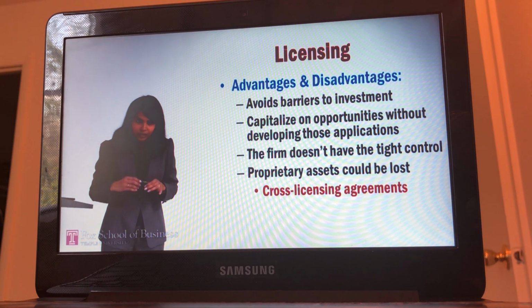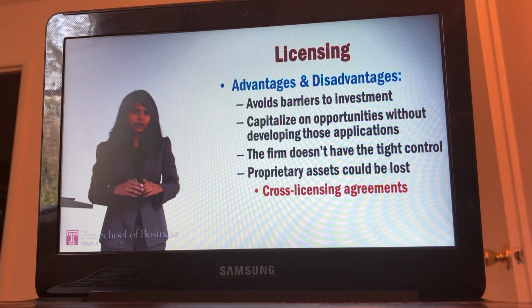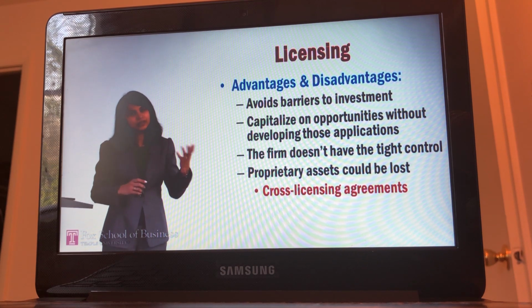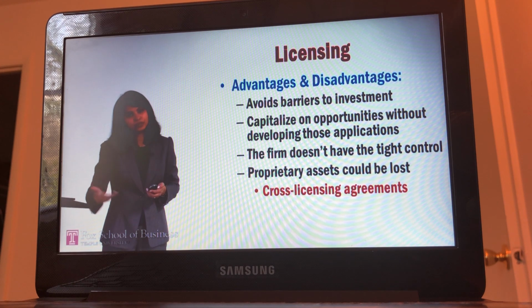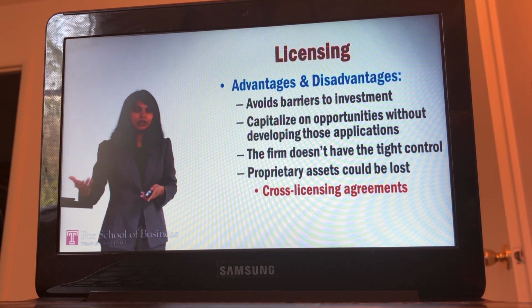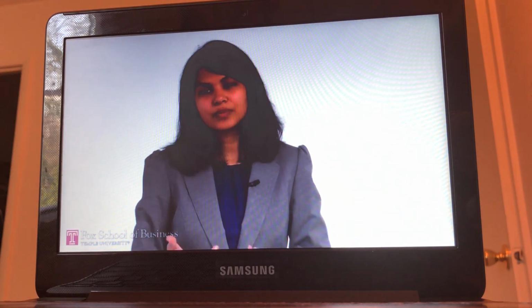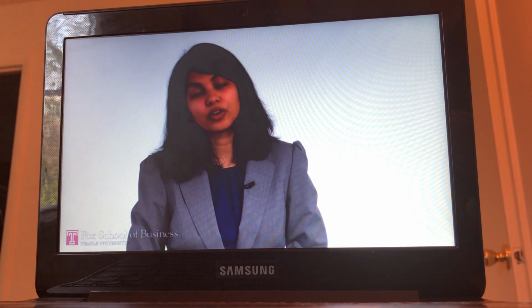Similar to that, there's another way licensing might work. For example, when Starbucks went to Japan, it wanted to maintain a similar kind of service for its Japanese consumers. And it was worried that if it just gave a license or franchise to a Japanese firm, the quality of the services might not remain the same.